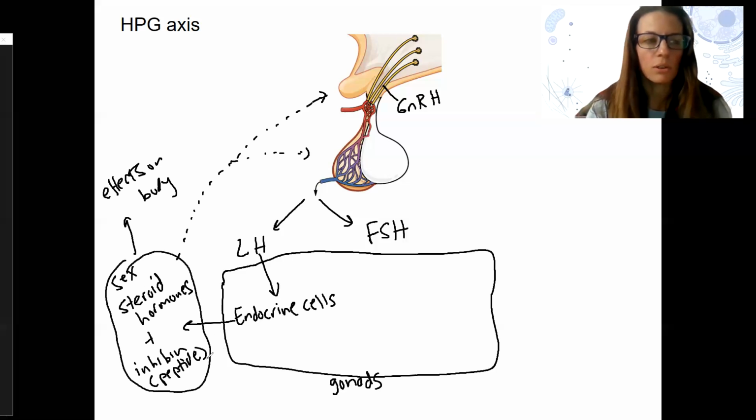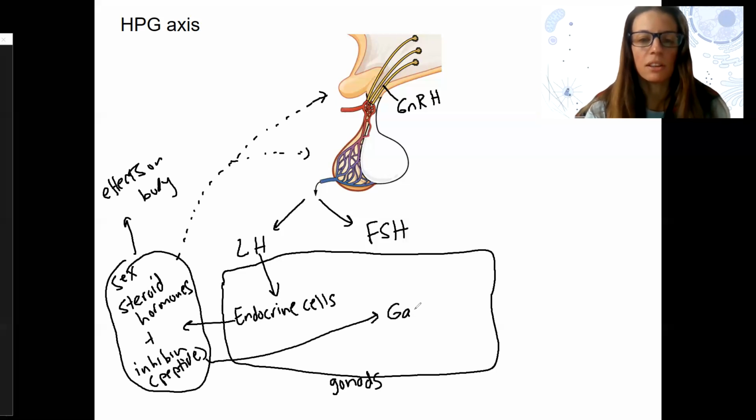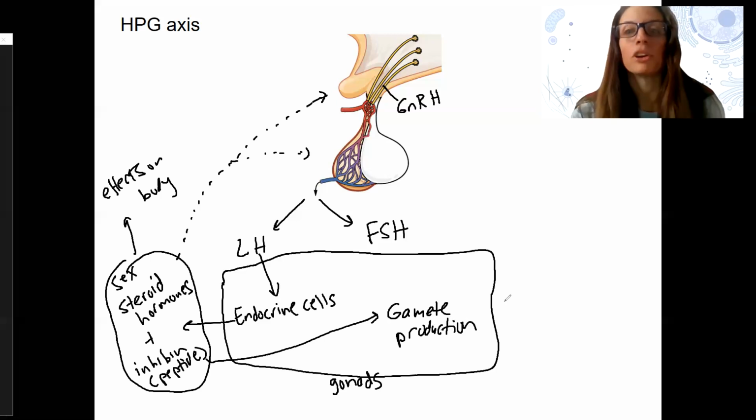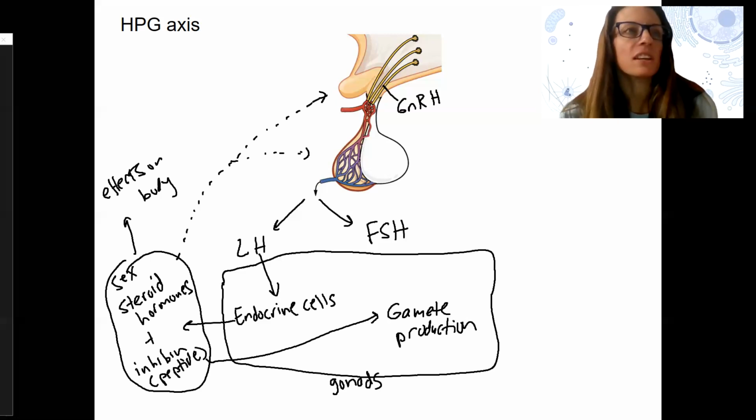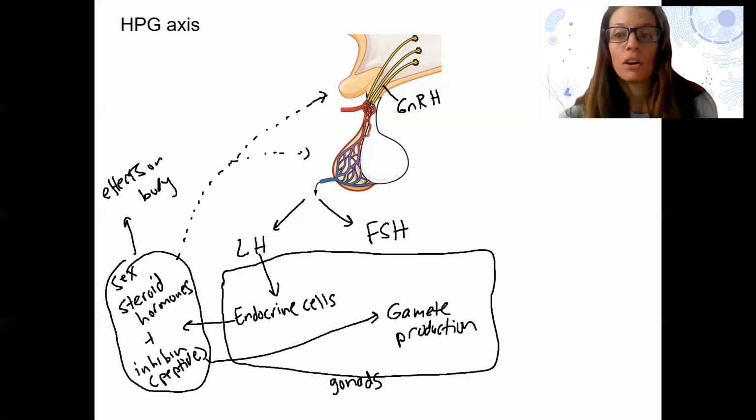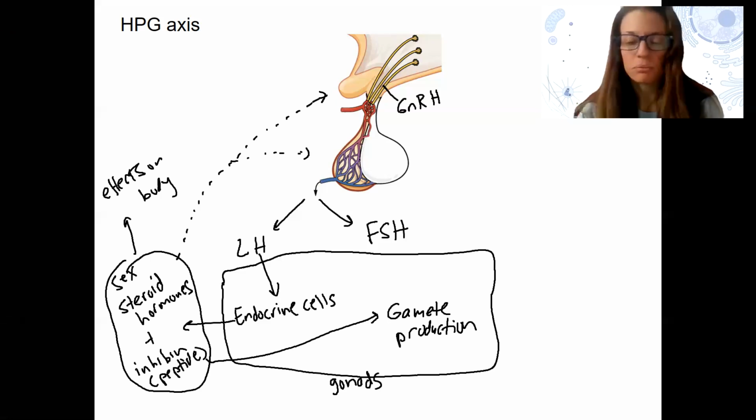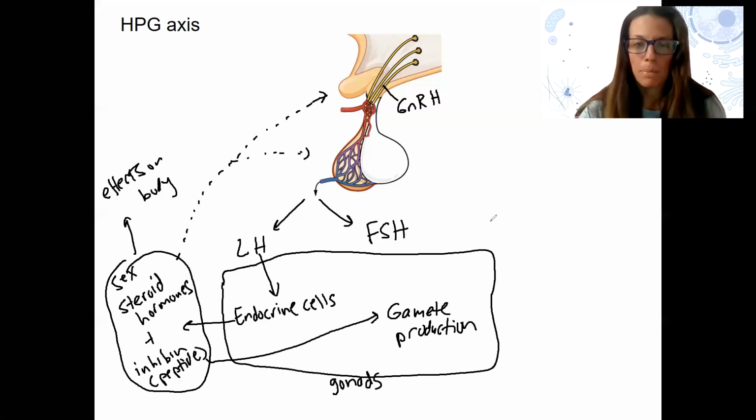They're going to also stimulate gamete production, which is the other big thing besides hormone production that occurs in the gonads, right? FSH is the other thing stimulating gamete production. I think that's it for now.